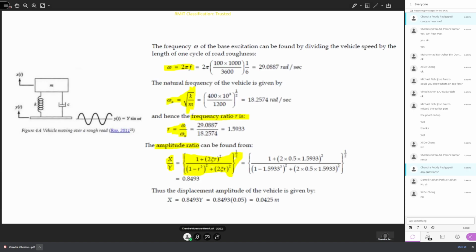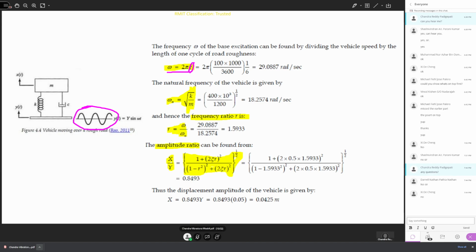Based on the undulations of the road surface, we can calculate the frequency. The frequency of the displacement variation of the road is omega equals 2 pi f, where f is the frequency. You can convert this in terms of the vehicle speed.